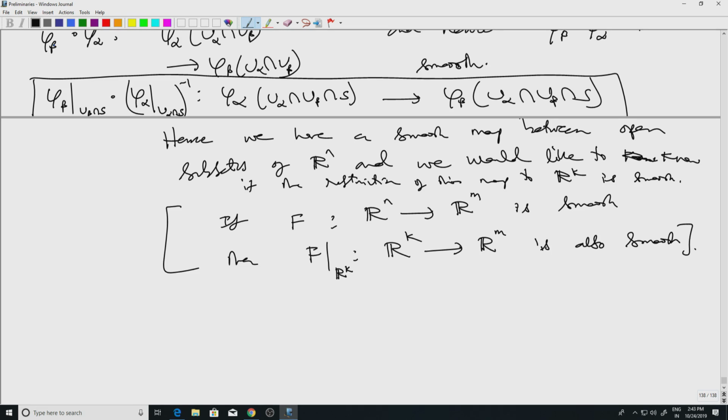And one easy way of seeing this is, well, our definition of smooth is just that all partial derivatives of all orders with respect to all variables exist. Here what we are saying is that when I restrict it to this, all partial derivatives with respect to the first k variables should exist.